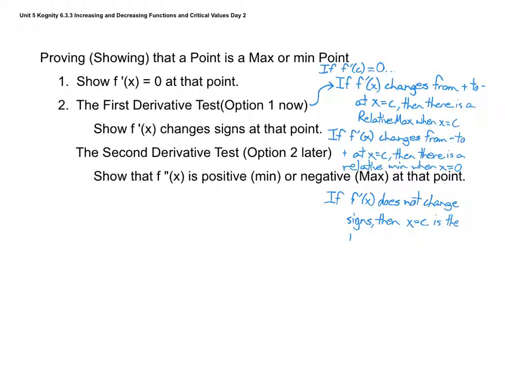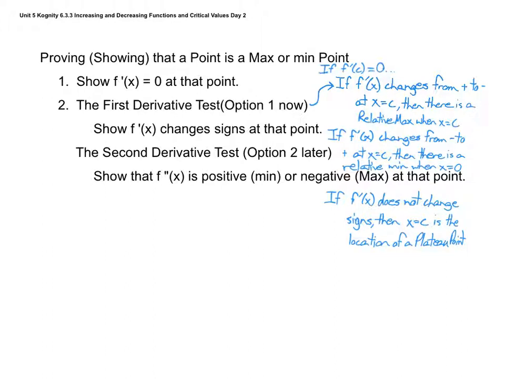Is that where it's called a sign diagram? A sign diagram, no. Well, it's a sign diagram because we don't really care what the value of the derivative is. All we care about is whether it's positive or negative or 0 or undefined. Okay? That's a critical value.